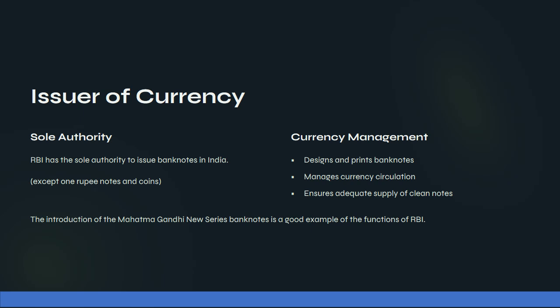The third one is ensuring the supply of clean notes. So, my dear students, we must understand one thing: while issuing currency, the RBI keeps certain principles and ensures that the rules and regulations are strictly followed.